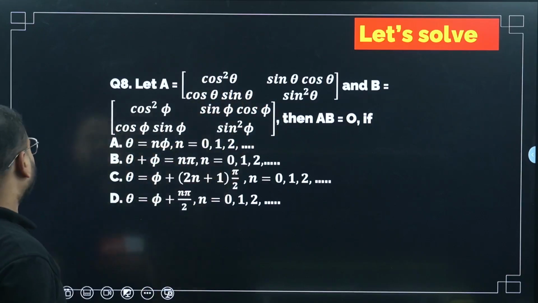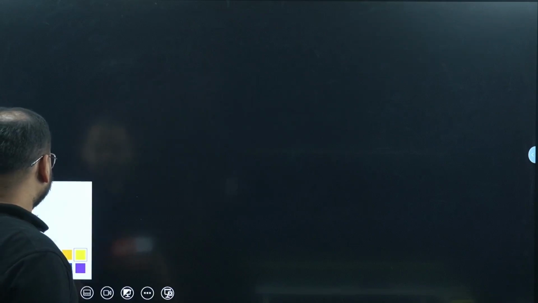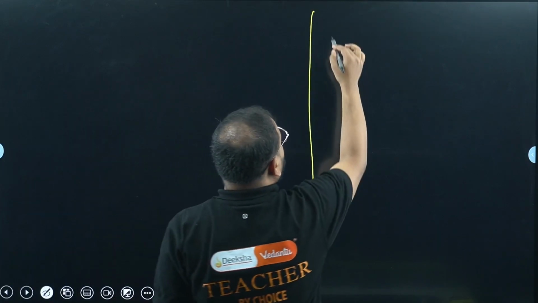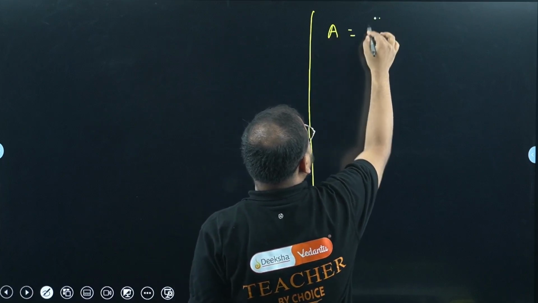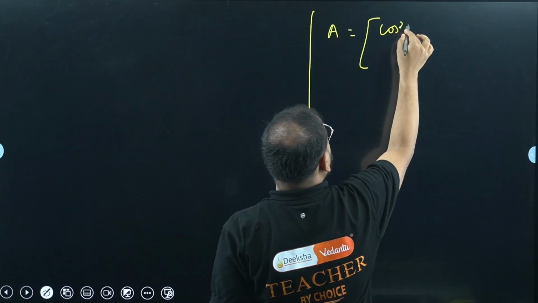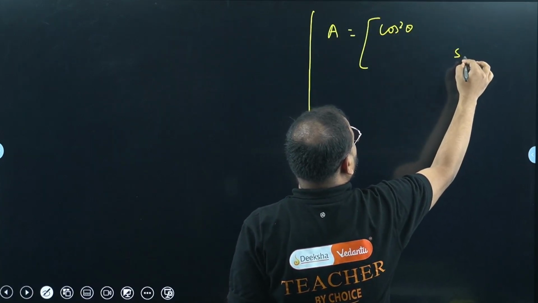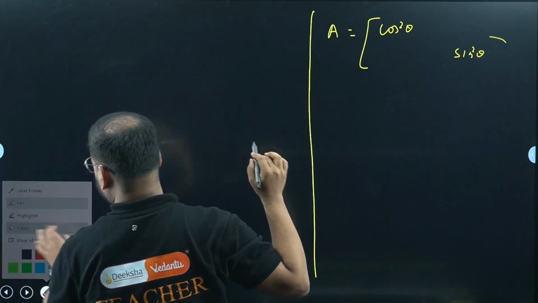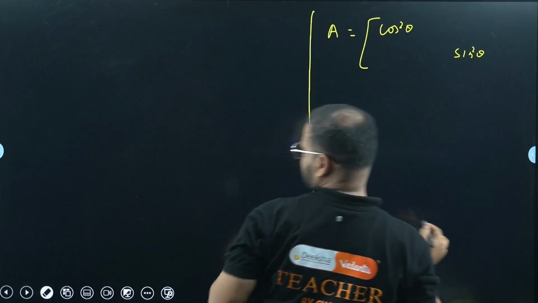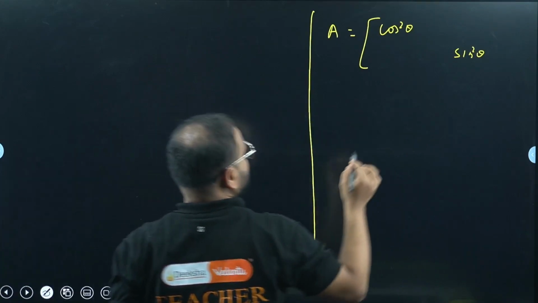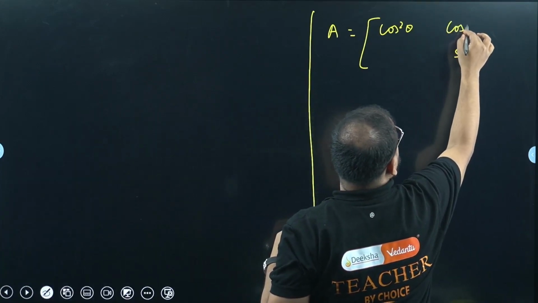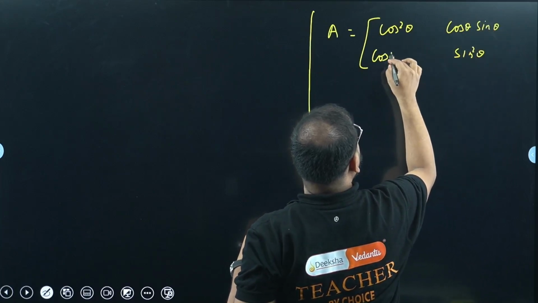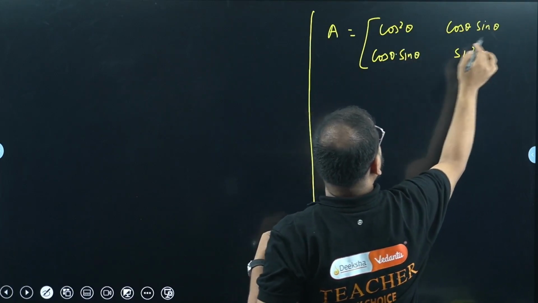So A is cos square theta, sin square theta on the diagonal, and cos theta sin theta at both the other places.